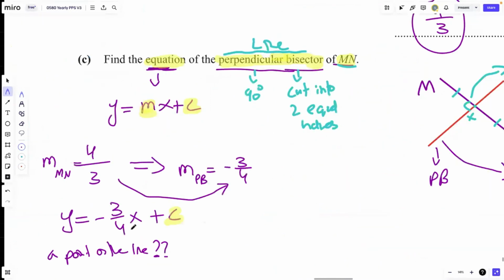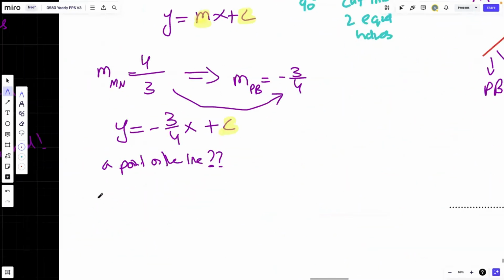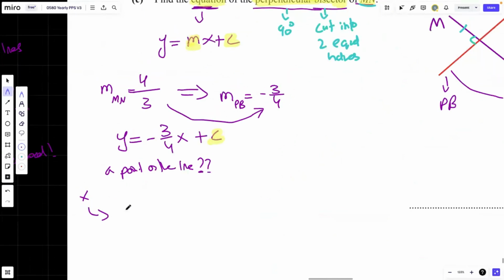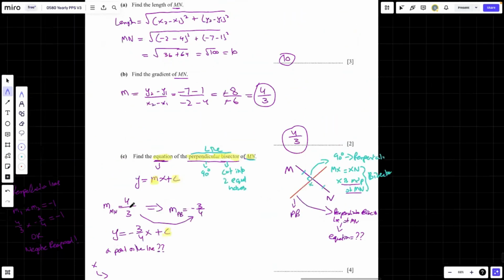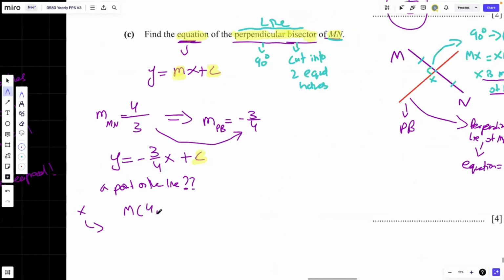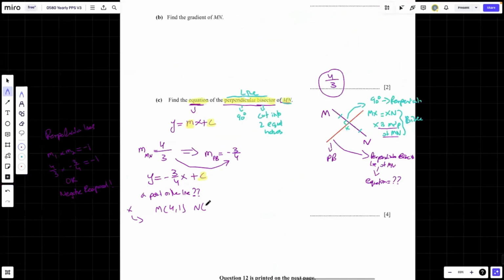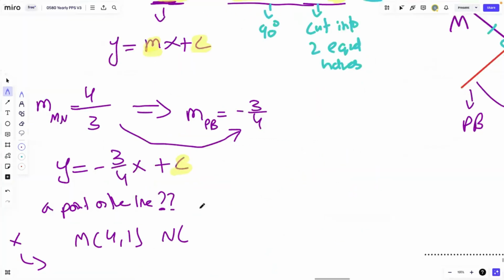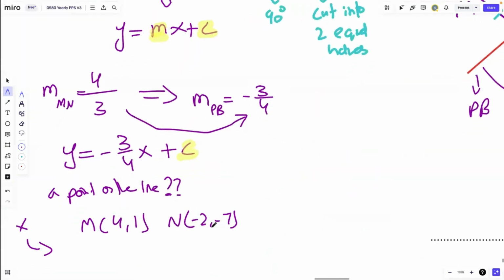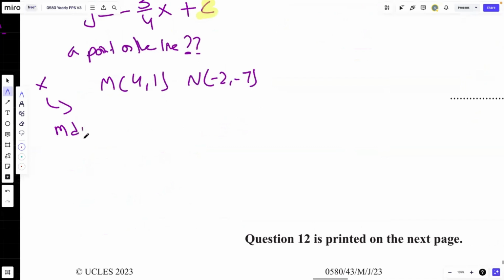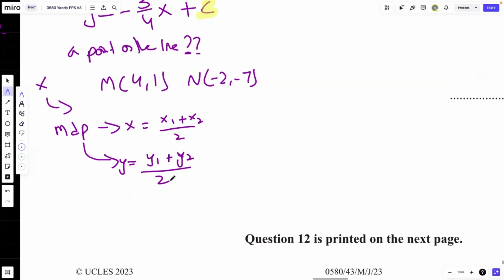So I can find out the coordinates of X. X is just going to be the midpoint of MN. What were the coordinates of M and N? M was 4, 1 and N was -2, -7. We'll take the midpoint. The x coordinate is just x1 plus x2 divided by 2, and similarly for the y coordinate, y1 plus y2 divided by 2.